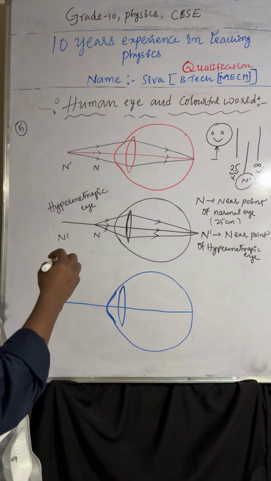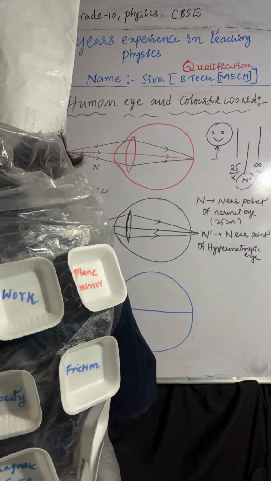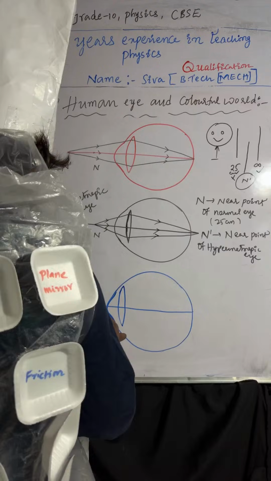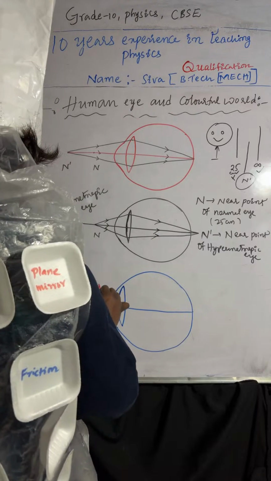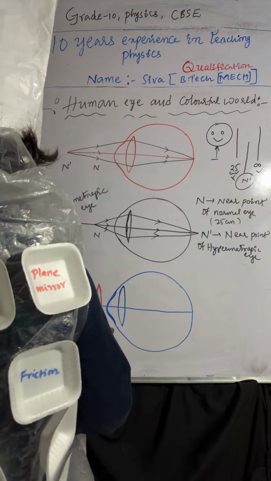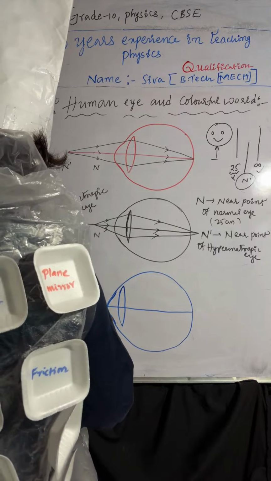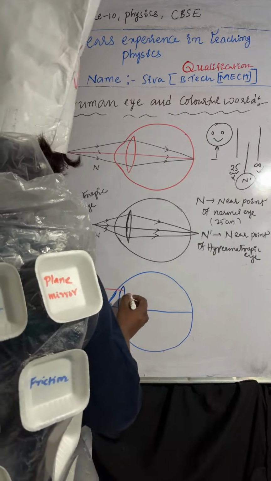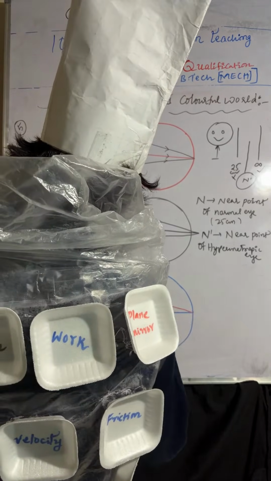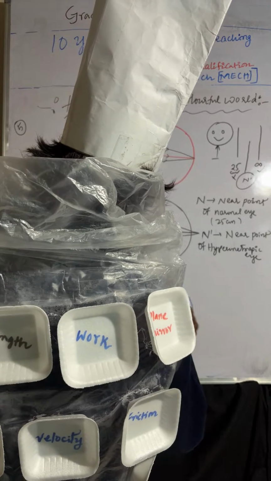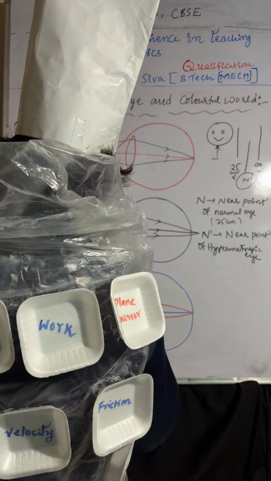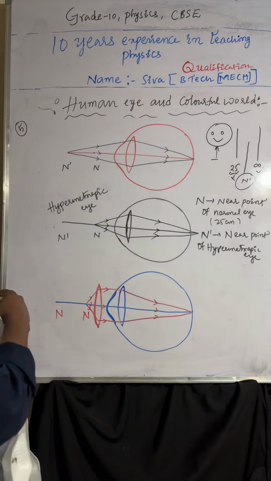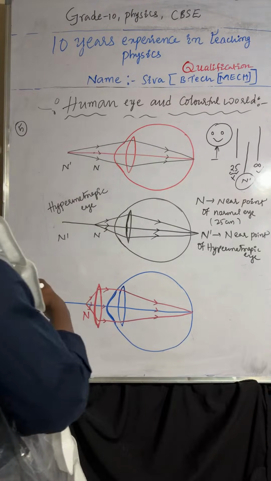Here what lens are we using? Convex lens. After that, you have to show that converging nature.